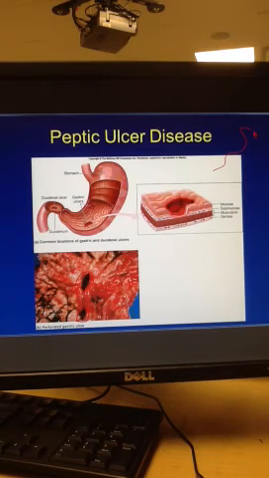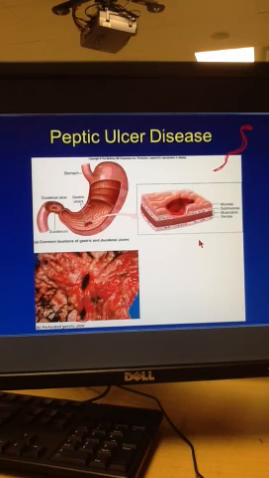That bacterium, the way they treat it nowadays is to put a person on antibiotics. They usually put them on some type of antibiotic that will kill off the bacterium. They also give them antacids, as well as what are called proton pump blockers.